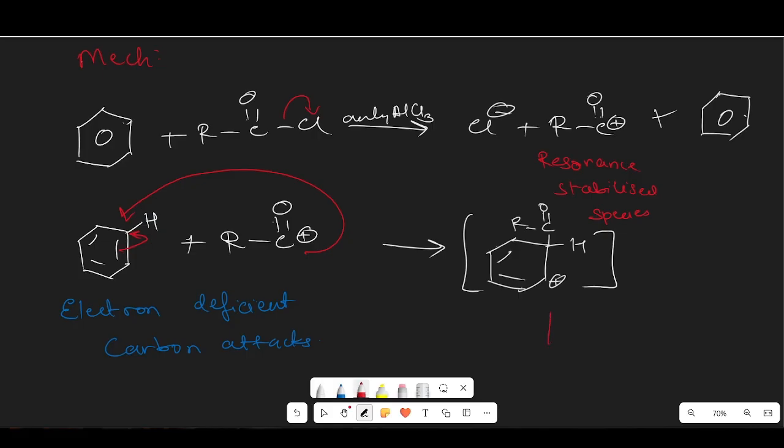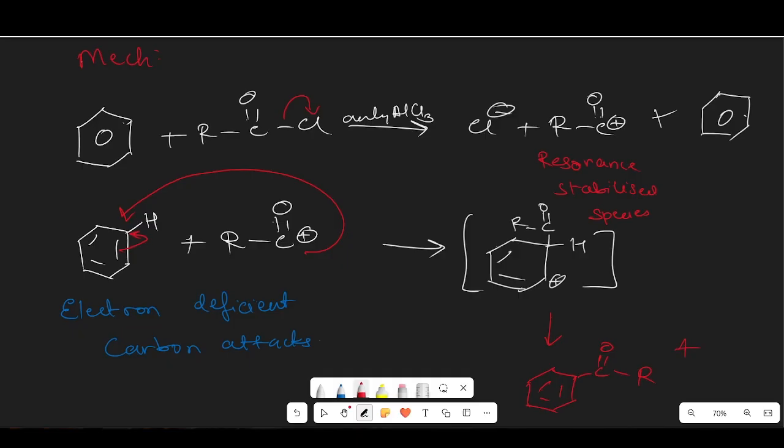This will break down to form your end product, which is your ketone, your aromatic ketone.